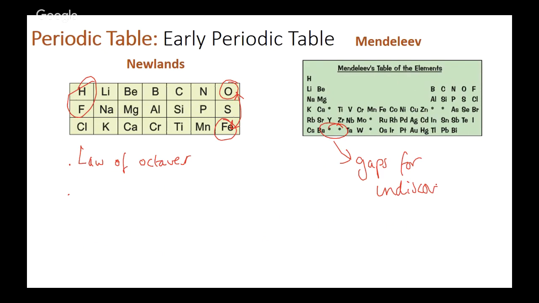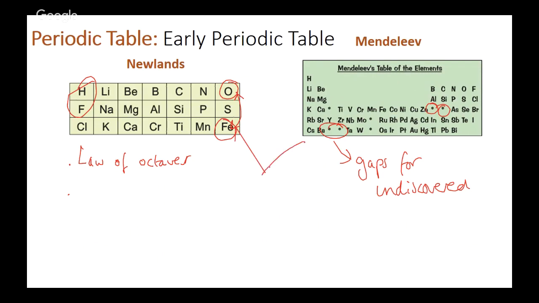So he predicted what the properties of such elements would look like, and he knew that they were yet to be discovered, so he left them out, and then everything fitted a little bit nicer according to their properties. So we've still got groups and rows or periods in these two tables.